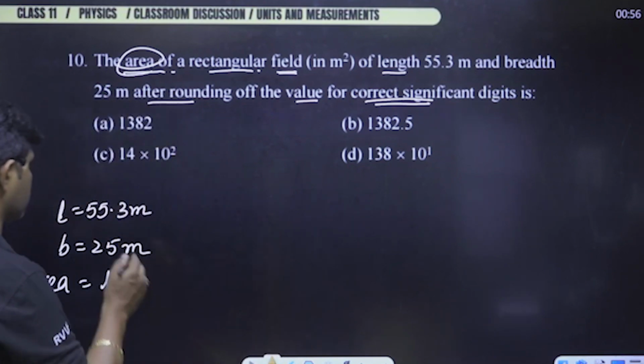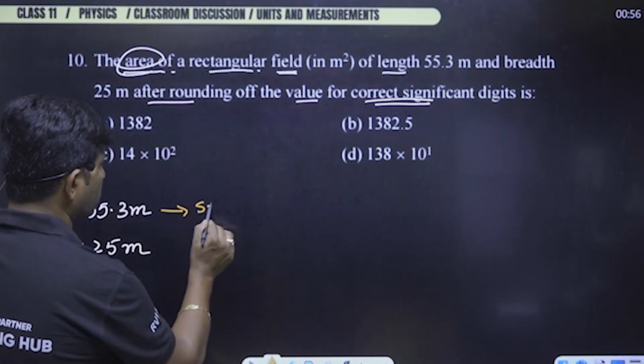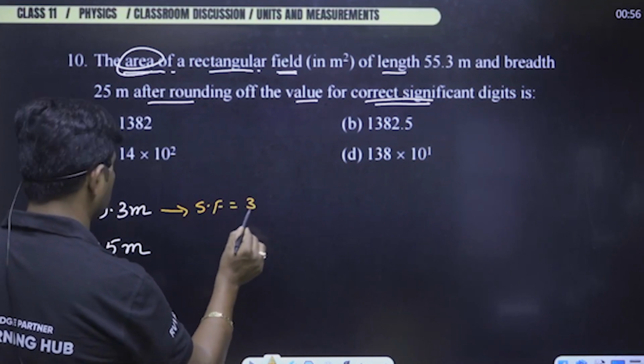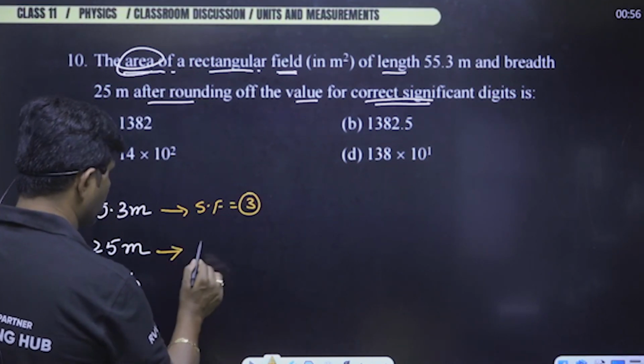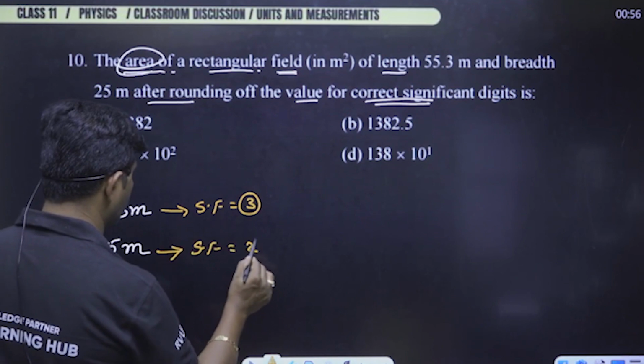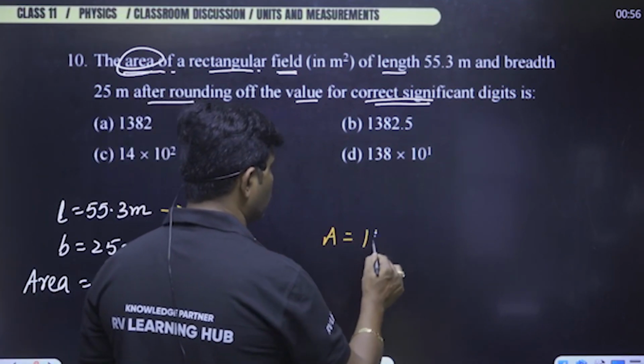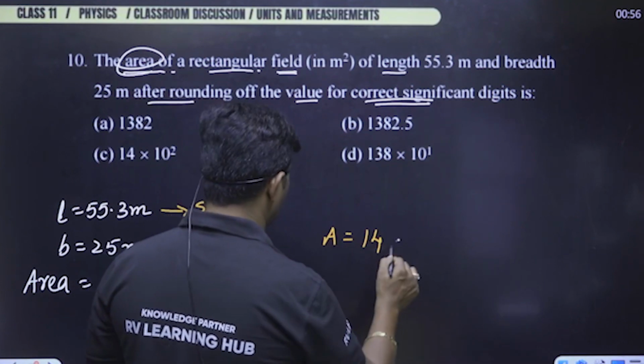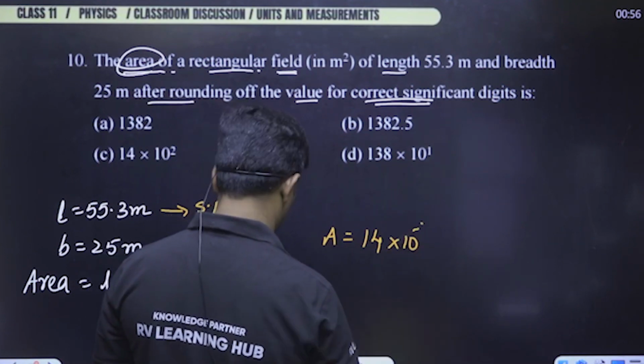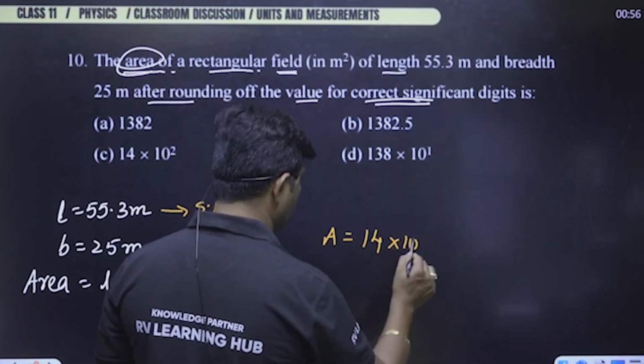Therefore, in length, how many significant figures are there? There are 3 significant figures, but in breadth the significant figures is only 2. Therefore area should have only 2 significant figures, that is 14 into 10 power 2.